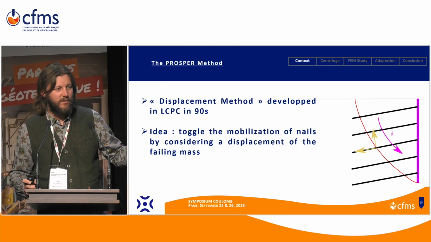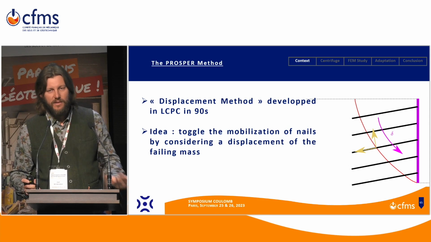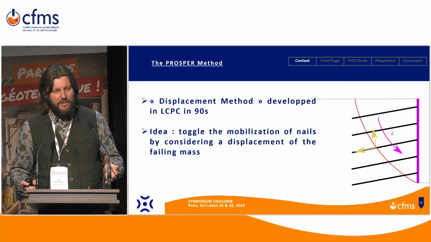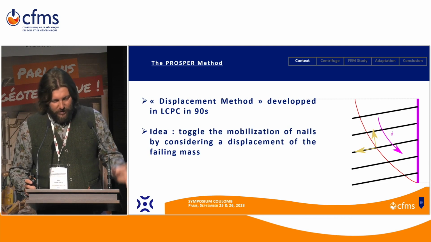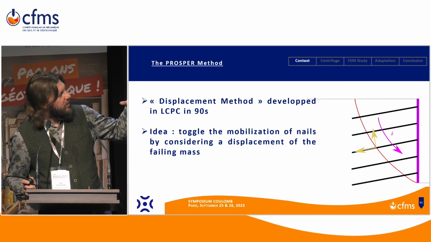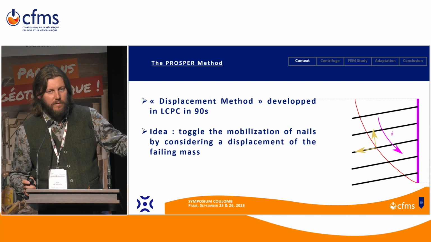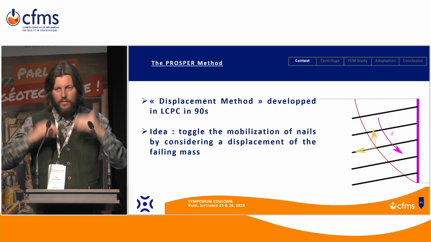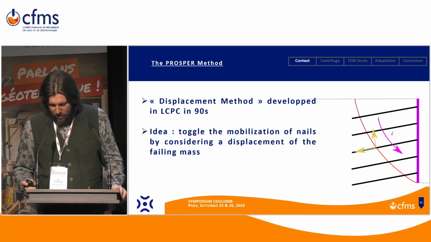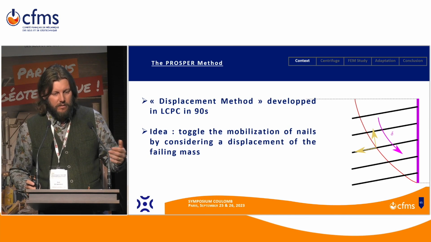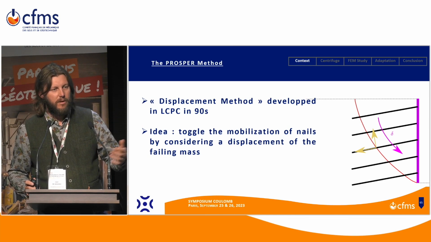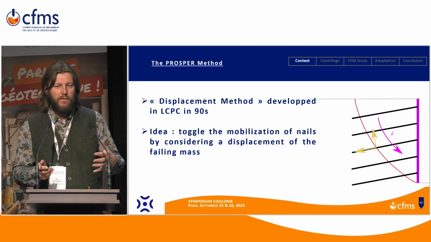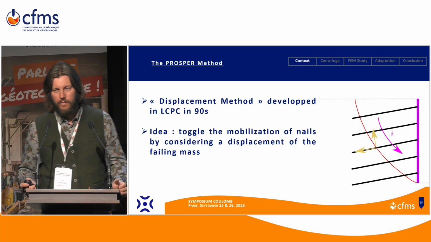So clearly we are making a step aside from limit equilibrium, and we are introducing mobilization of nails. The idea was to imagine a displacement of the failing mass, to play on the mobilization of nails. This displacement delta is a way to mobilize the nails, and it will become a parameter for our optimization process.